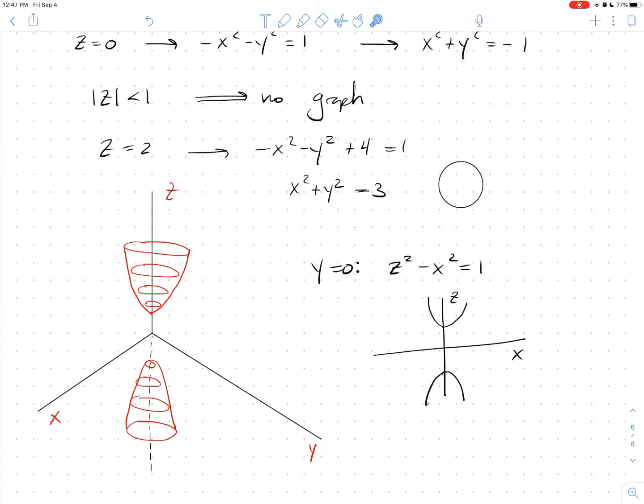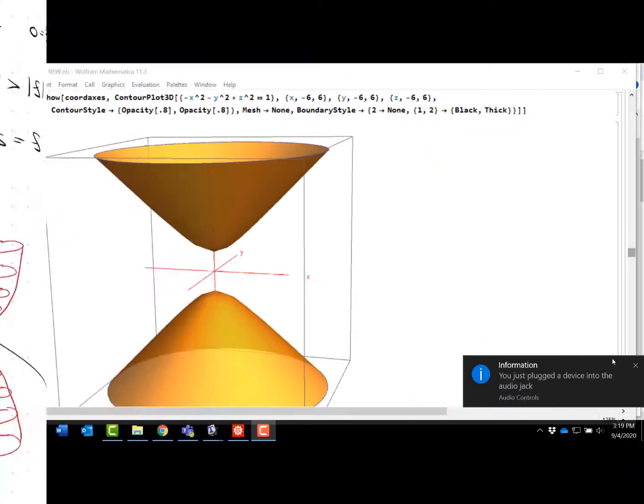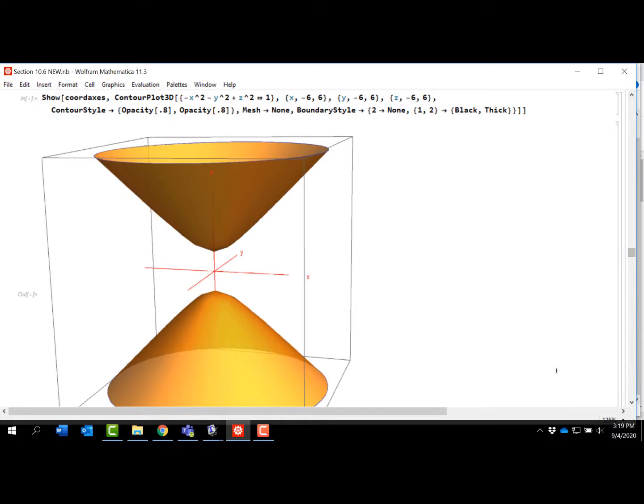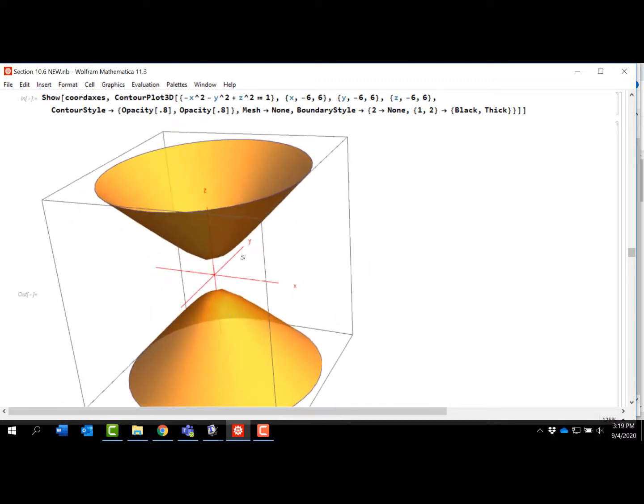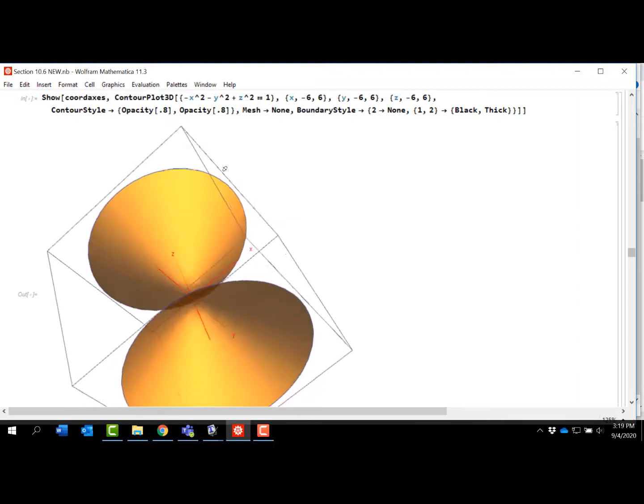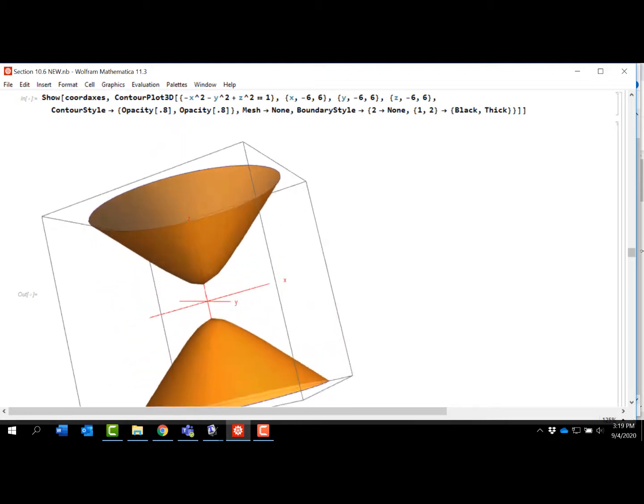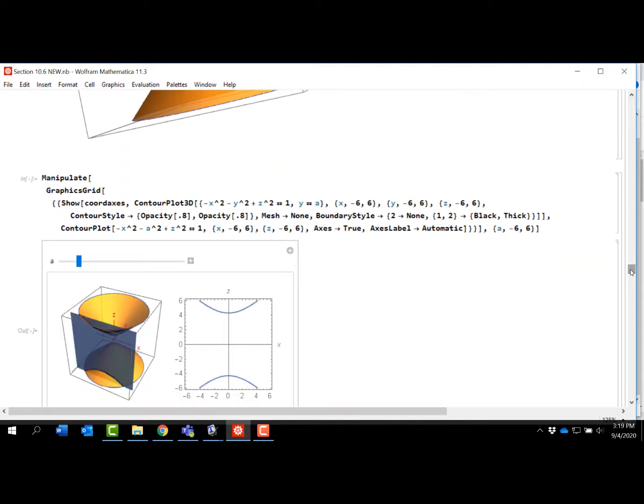So let's switch this over to Mathematica and see what it looks like. All right, so here is Mathematica's version of a hyperboloid of 2 sheets. Pretty cool. A good look at it there. Let's scroll down and just briefly look at the traces.